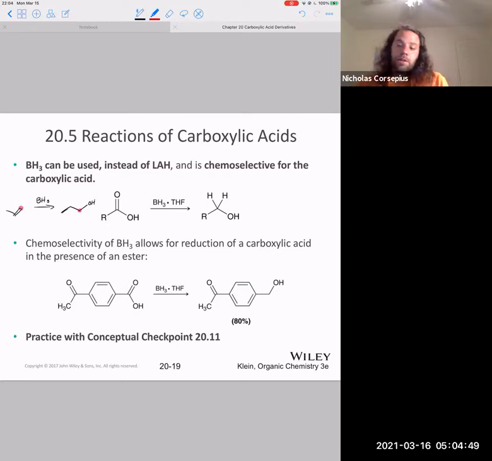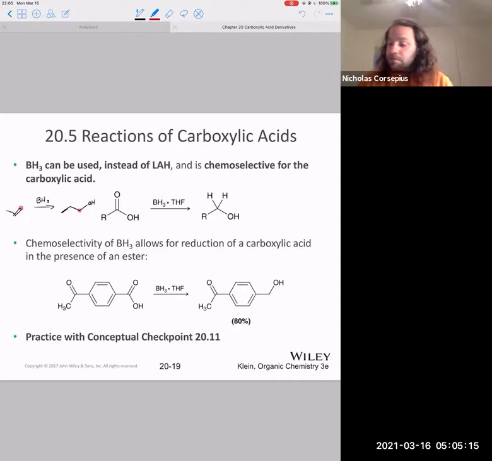We had 2 ways for putting alcohol groups on the more highly substituted carbon. The shtick of borane is to put it on the less highly substituted carbon. It doesn't do the same thing here with carboxylic acids, so we've got to keep it in a different place in our mind.